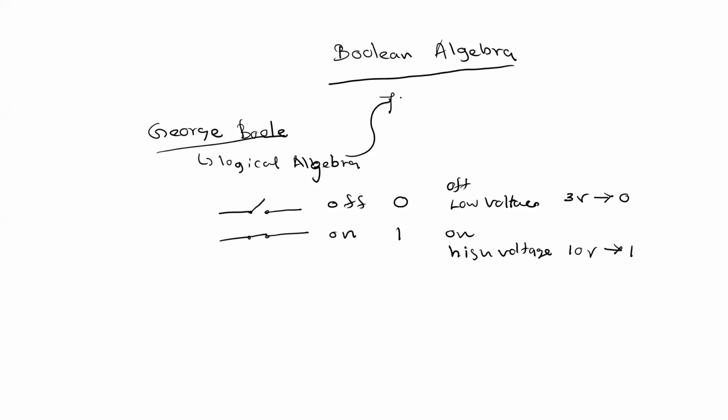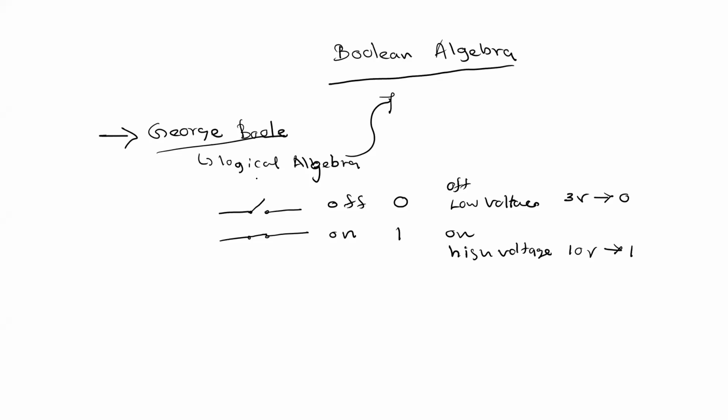Right. So we were discussing Boolean algebra, and when we talk about Boolean algebra, you must remember this person, George Boole. He was a mathematician, and he introduced a logical algebraic system to represent logical circuits.